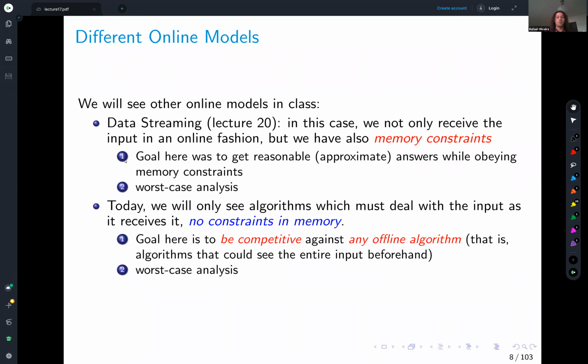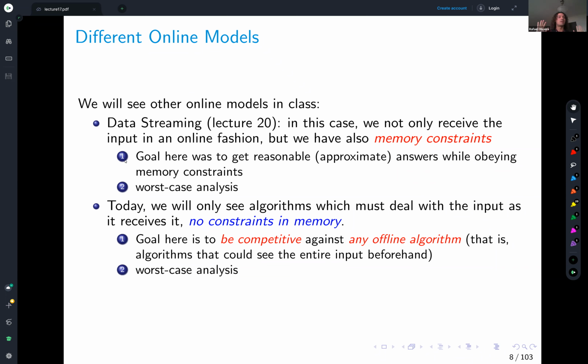But today, we'll only see algorithms which must deal with the input as it is received, and we have no constraints in memory. In practice, we do have a constraint on the running time of each operation. We would like the algorithm to be really fast, because once I receive the information, we would like the algorithm to have a very simple rule to make a decision, because the next information can come very quickly.